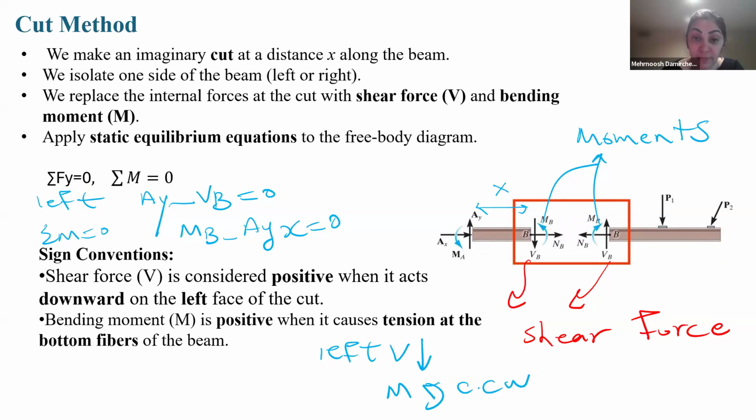For the right side, V should be upward and M should be clockwise. So these are the sign conventions that you should consider when writing the equilibrium equations.